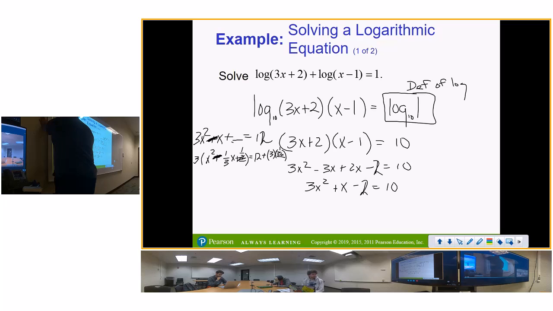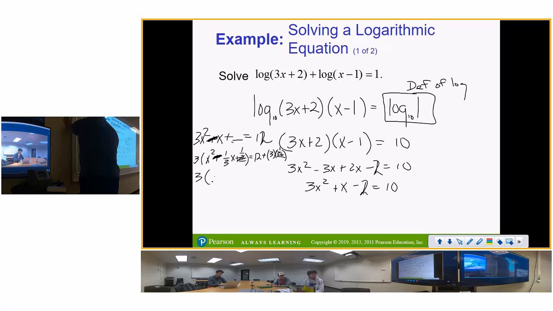And that's going to be 3 times x minus 1/6, quantity squared, is equal to, at 3, we'll take out that 36 and make that a what? 12. Oh, I'm sorry, 12. 1/12, and that'd be 144. So that's going to be 145 over 12. Check my math. So there's your vertex if you need it.